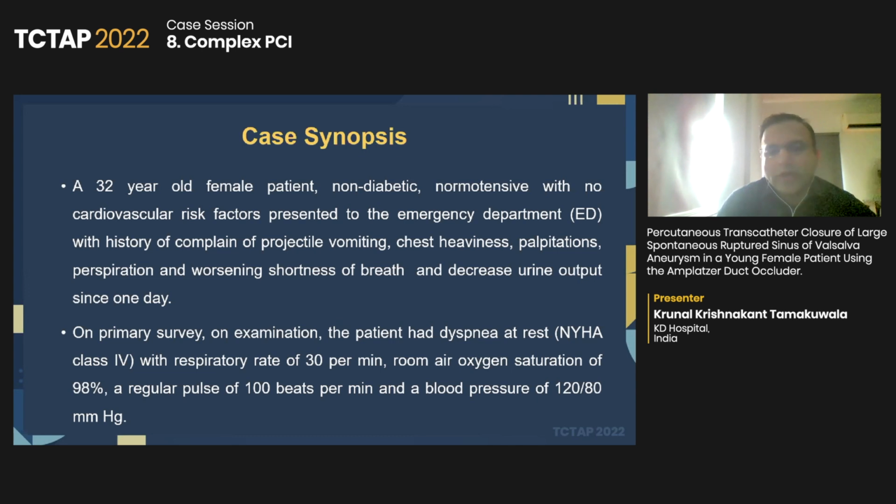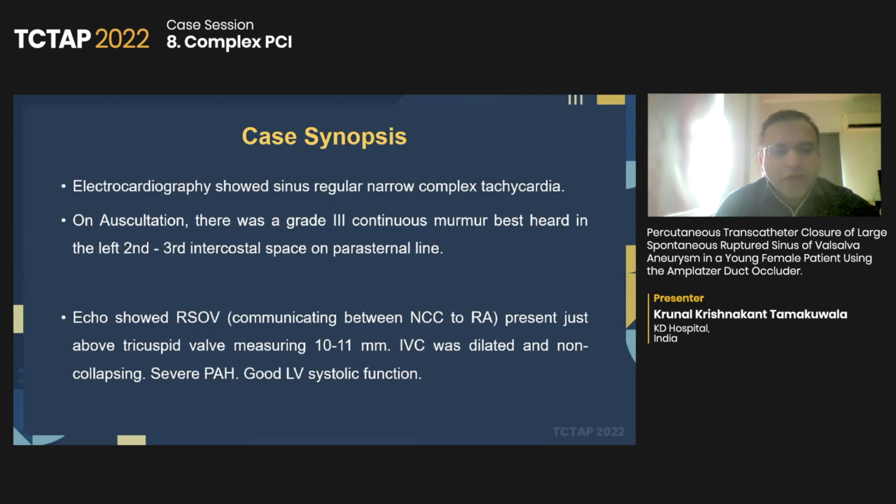On primary survey, the patient had dyspnea at rest, NYHA class 4, with respiratory rate of 30 per minute. She was vitally stable, with oxygen saturation 98% on room air, pulse 100 beats per minute, BP 120/80, but over a few hours, she went into cardiogenic shock.